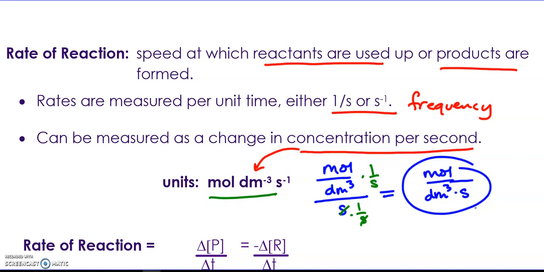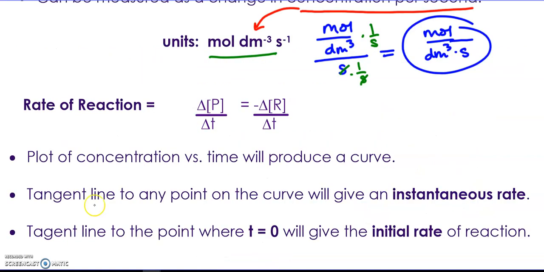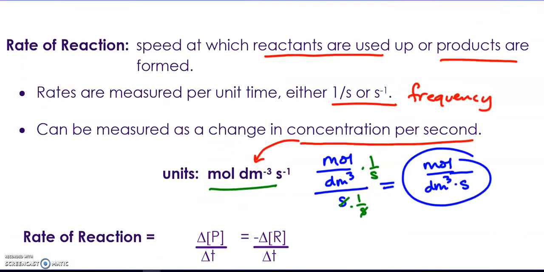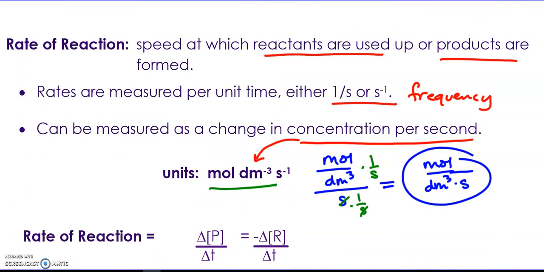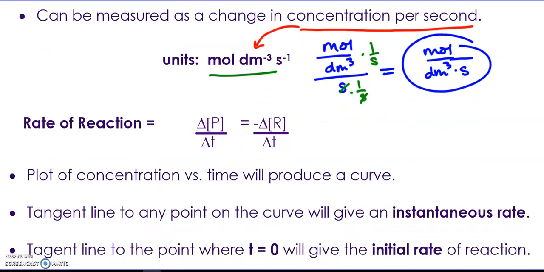I circled that one in blue because it is going to help us when we get to some of our calculations, and even just to understand how it's a change in concentration per time unit. So in terms of equations, what are we actually doing? We talked about how it is the speed at which reactants are used up or products are formed. So you'll see these formulas right here. Change, remember, is that delta. P is for products, R is for reactants.